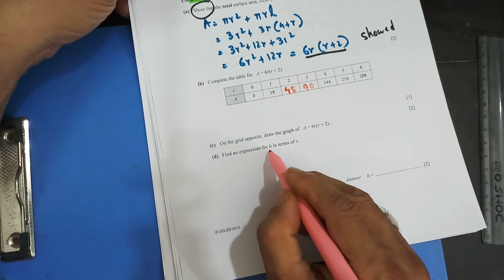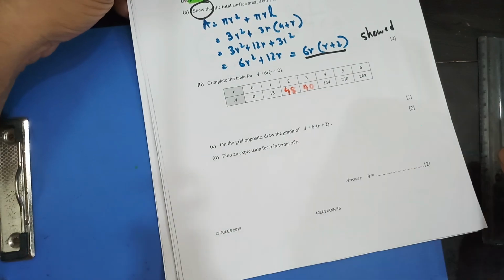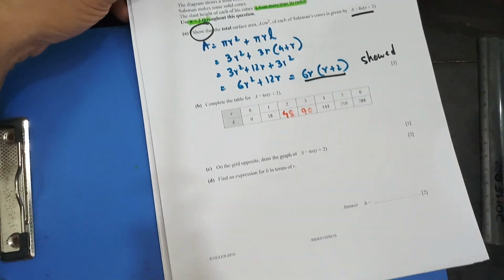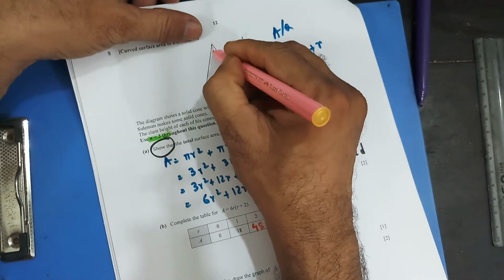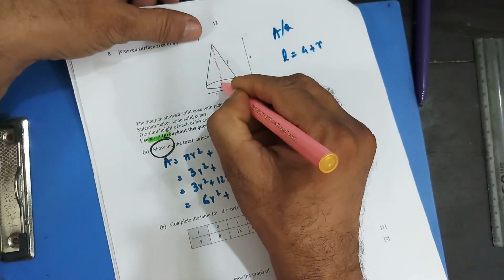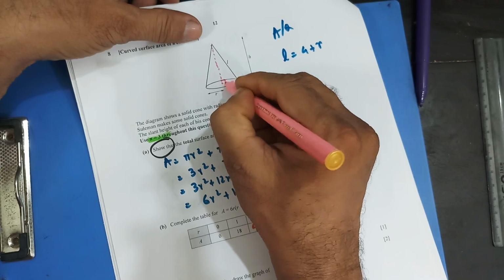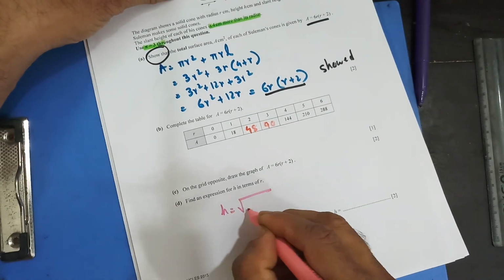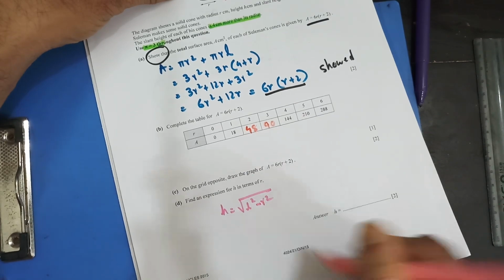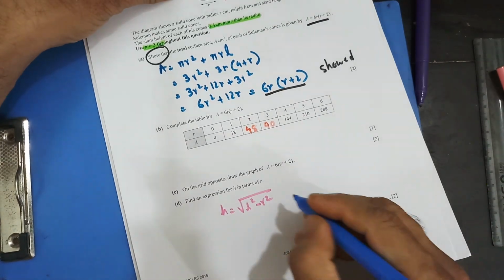Find an expression for h in terms of r. H is the perpendicular height, and I have r over here. So h is the square root of L squared minus r squared.